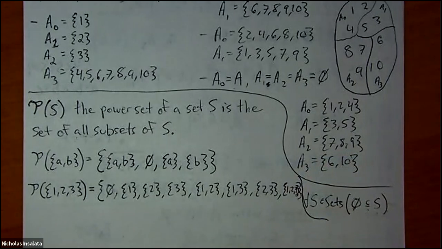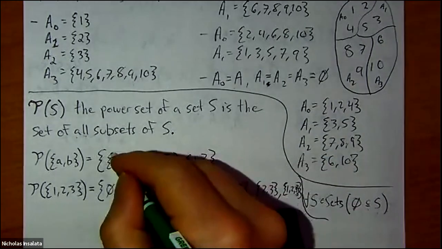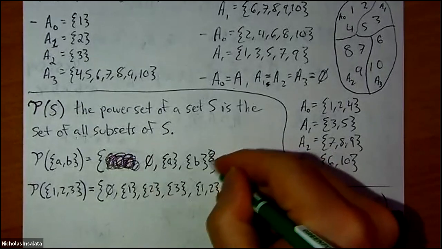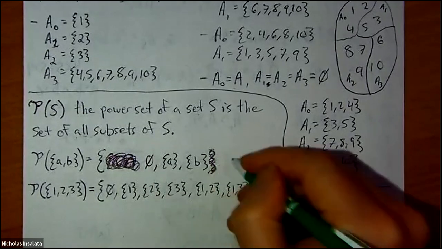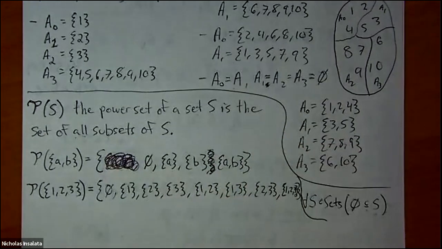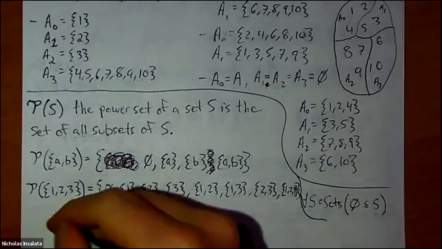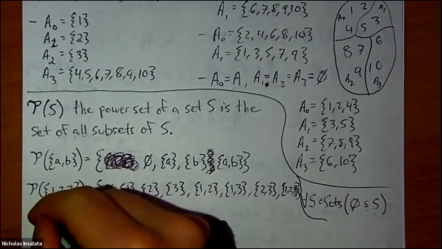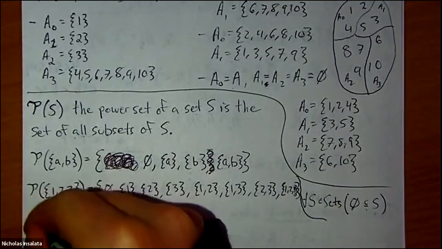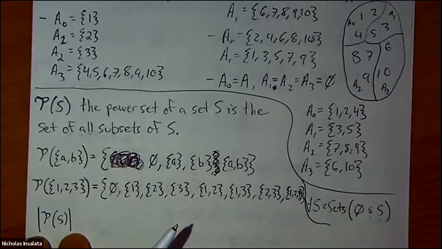Okay, cool. Now here's what I want you to notice. Why is this called the power set? Any ideas? I'm actually going to reorder this so it's in increasing order as well. Empty, A, B, A, B. Yeah, good, because the size of the power set of a set, this absolute value here, that's the size of a set.